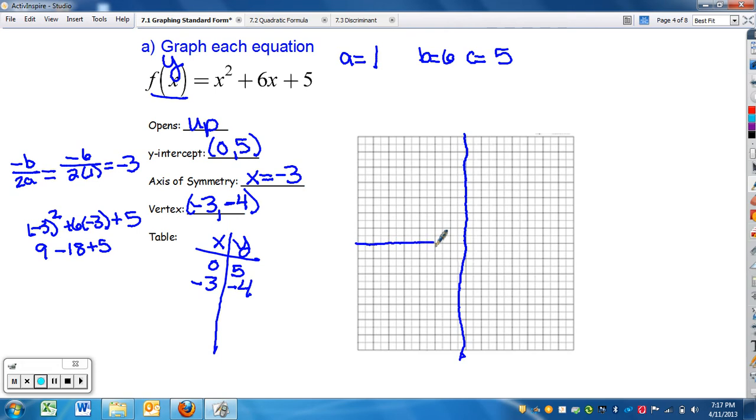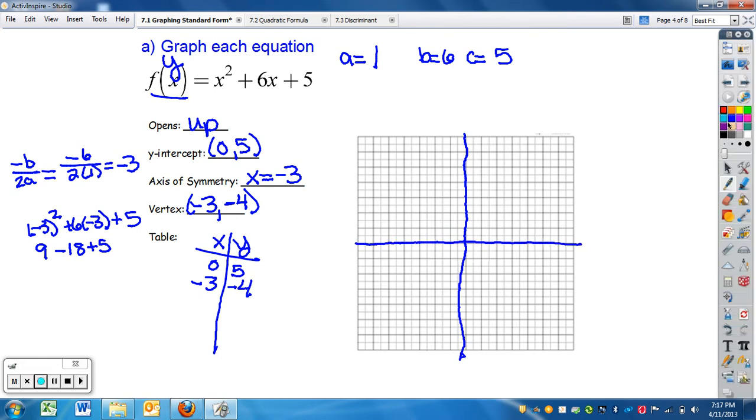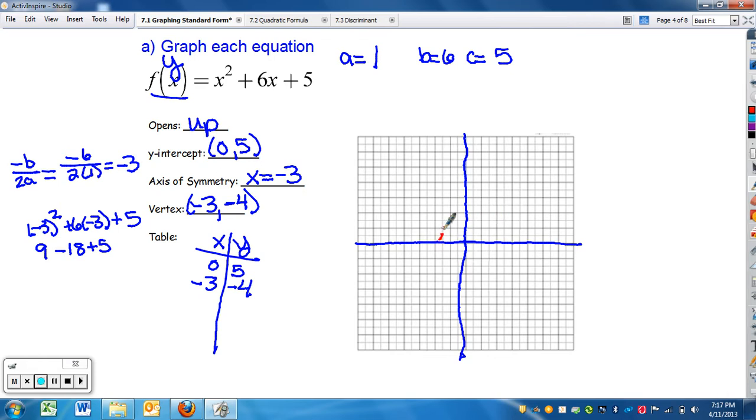It's hard on my tablet. All right, so then I'm going to plot my points. I have my axis of symmetry, which is at negative 3. I'm still going to do my dashed lines. So I remember that this is the middle of my grid. All right, so then I have negative 3, negative 4, and I have the point 0, 5.